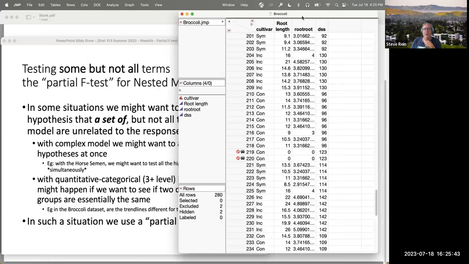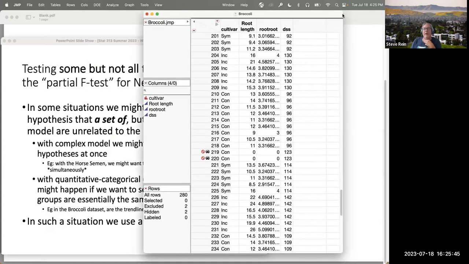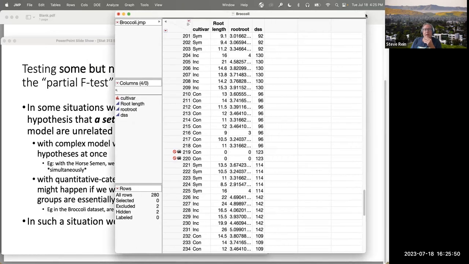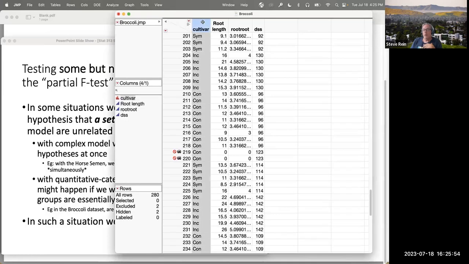Preface. Step two is to consider our indicator parameterizations. And this is something that our lab today walks you through. We've got different cultivars, and JMP will tell you by default it's going to use the sum to zero parameterization style. Sometimes there are conveniences of using the indicator parameterizations.